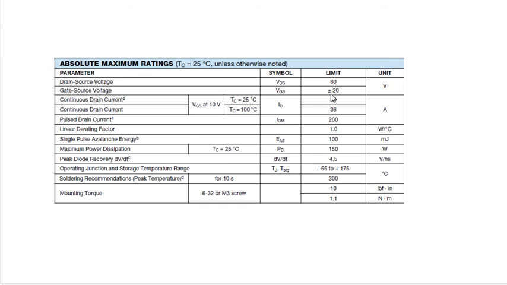Now this is the gate to source voltage, the voltage which you have to provide at the gate to turn this N channel MOSFET on. Here you can see that you cannot provide anything above 20 volt. So for safety margin, again you should take around 10 to 20% lower gate to source voltage.